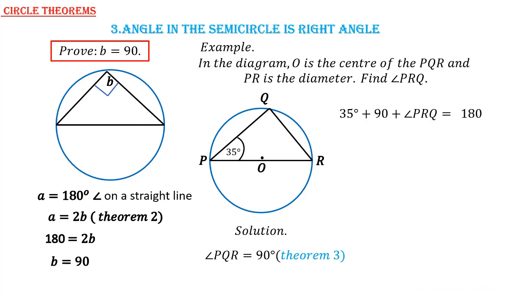If you sum the angles of the triangle, it's supposed to equal 180 degrees. So we know the 35, we know the 90, then we have to find the PQR. Therefore, PQR is 180 minus 35 minus 90. Then our PQR is 55 degrees, right?